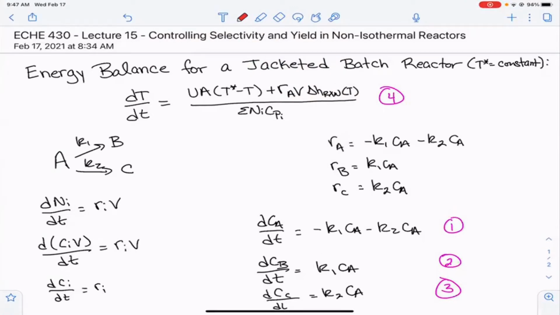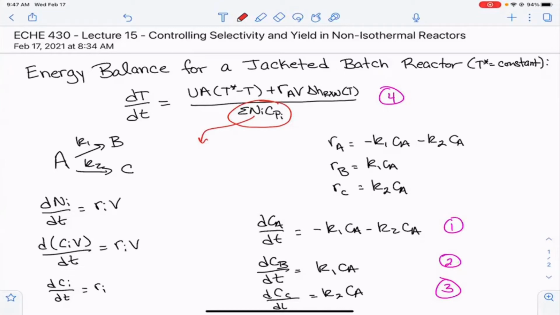The other issue in this problem is really this term and implementing our assumptions that we have. So I mentioned just a moment ago that the moles are essentially just water, right? So Ni really is just water in our system. We have some contribution of whatever A is at the beginning and what B and C are as you move through the reaction, but it's overwhelmingly water.